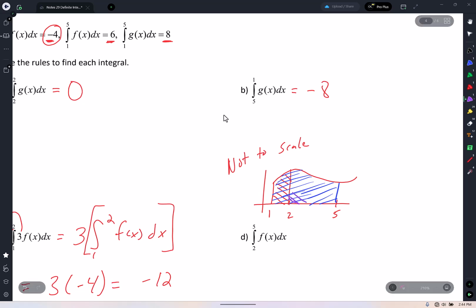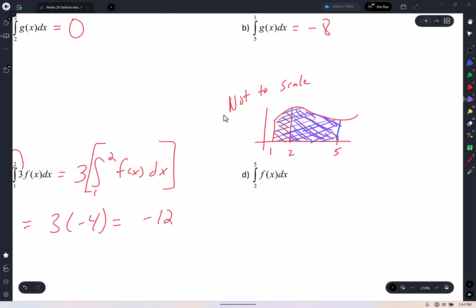How do I get that in purple? I take the blue and I subtract the red. So let me show you what that means visually. So I take the blue. So the blue is integral from, and let me color code it, the blue is integral from 1 to 5 of f of x dx.